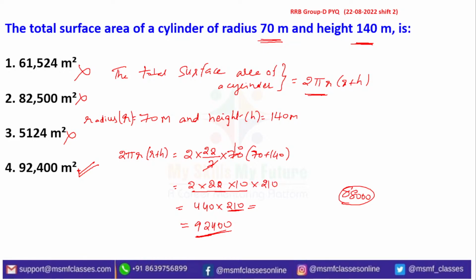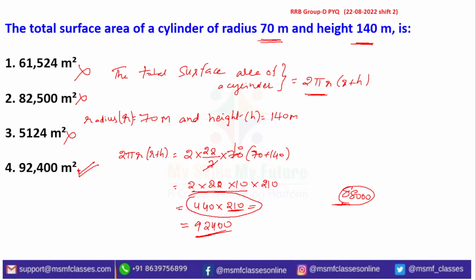By taking the approximation 440 into 200, we get 88,000. All three other options are less than 88,000, so surely those three are wrong. Only option 4 remains. So 92,400 is the correct answer.